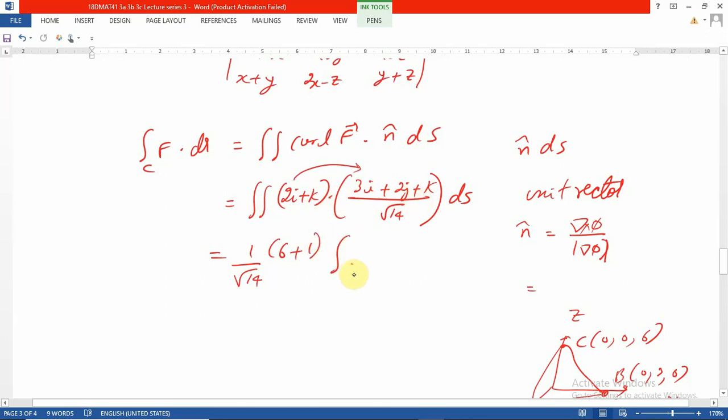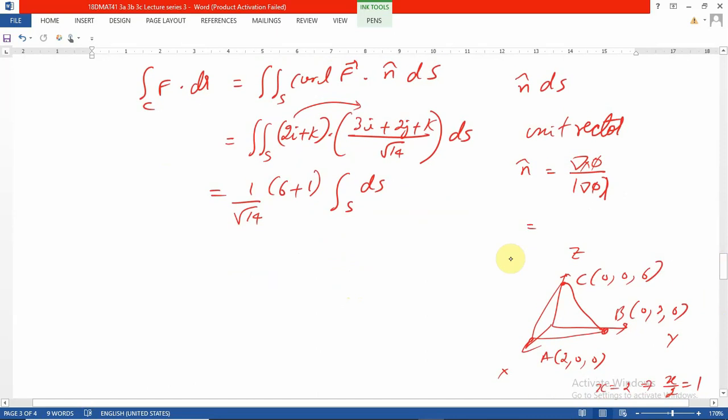So then the integration of dS. Because from this C we are going to consider this equation, only one variable is there, that is S. So there is no other variable.